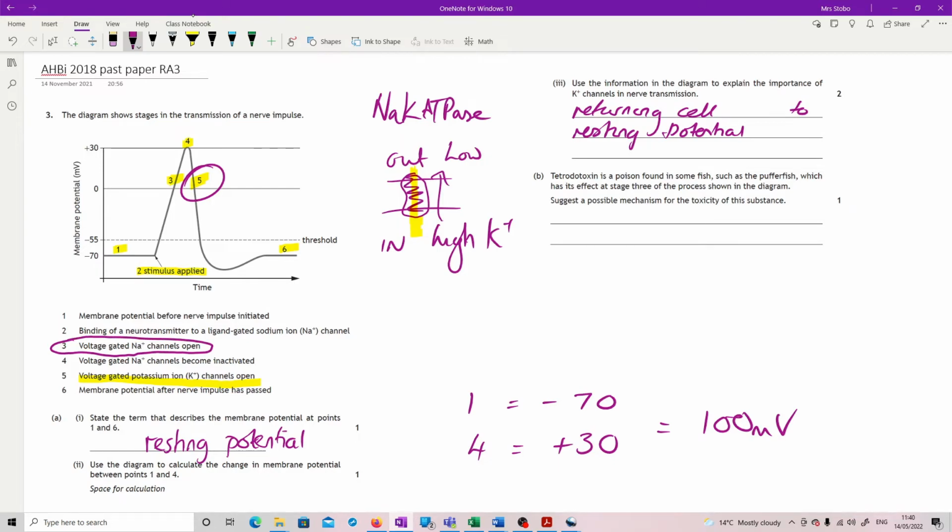So a possible mechanism is to prevent your sodium channels opening. That's basically what you're going to go with. Either it's blocking the channels entirely, so they can't function, or it's just stopping the channel opening itself. That's it.